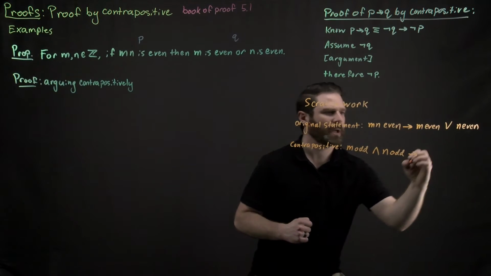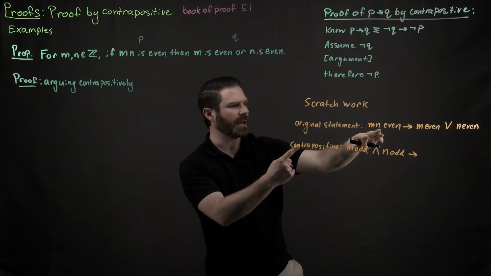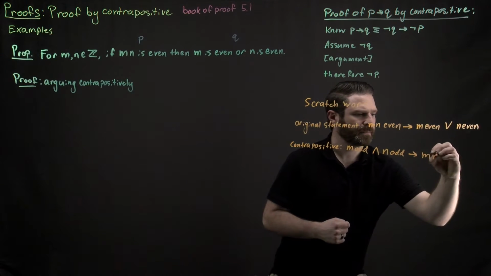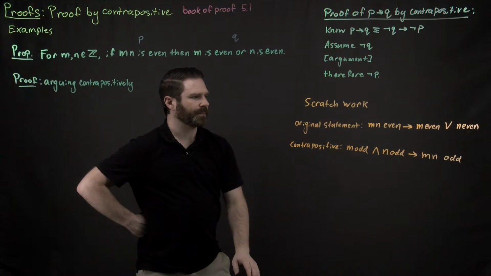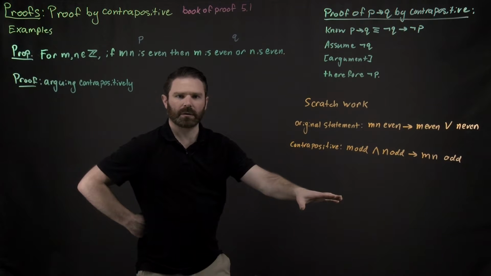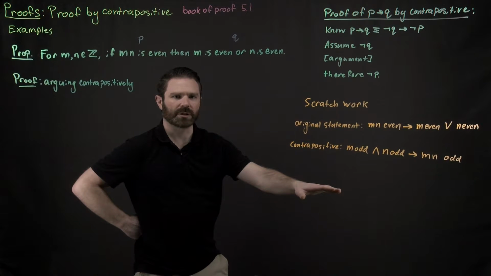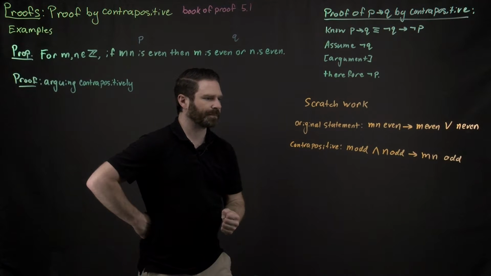That's going to imply not this statement right here. And not this statement is mn odd. So I've used here in my scratch work a couple of different rules of logical operators, like De Morgan's law and how to take a contrapositive.